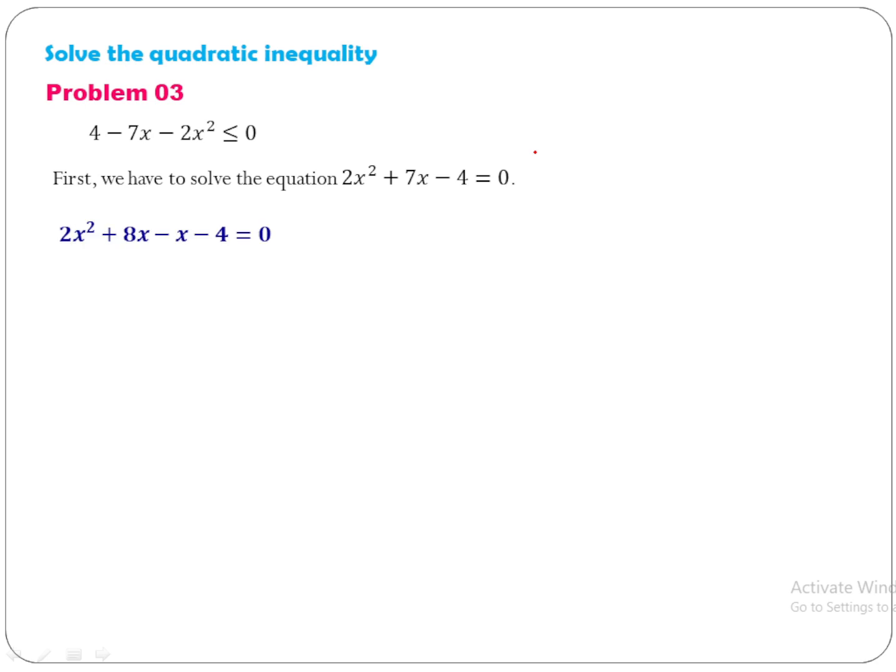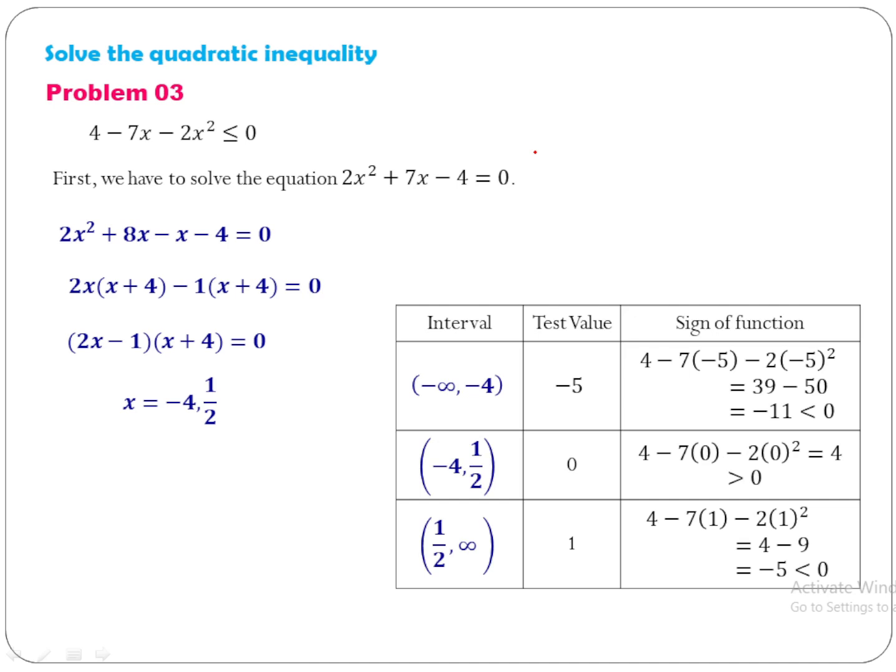Then we take 2x common from the first terms: 2x times x plus 4, and minus 1 common from minus x minus 4. Then x plus 4 is a common term. Using the zero product rule, x equals 1 by 2 and x equals minus 4. Here the equal symbol is present, so they are included in the interval.